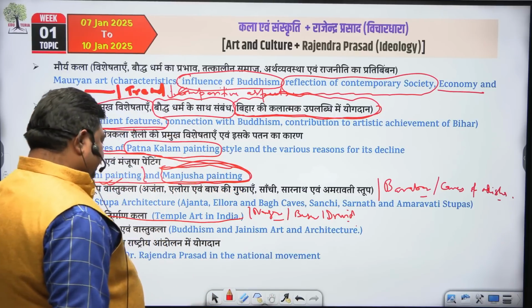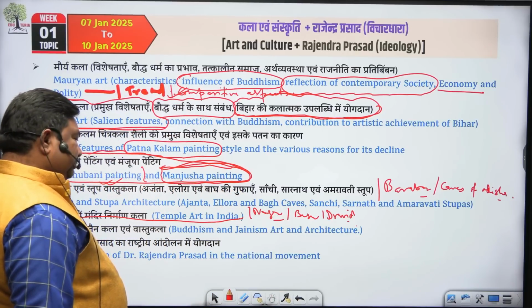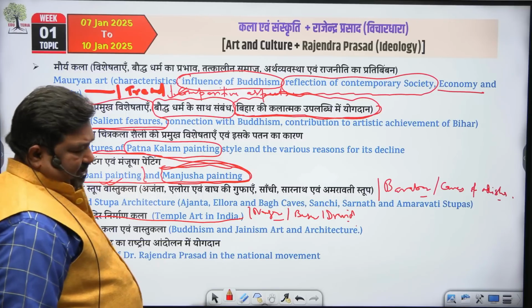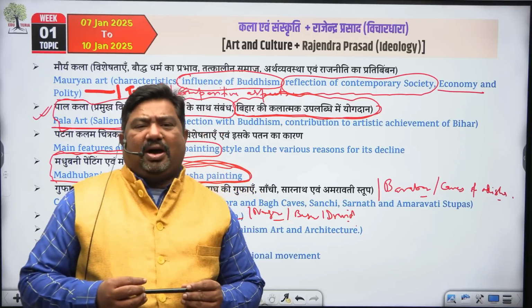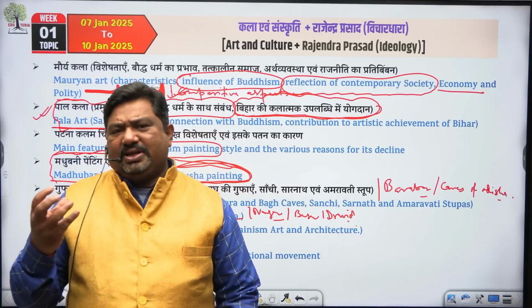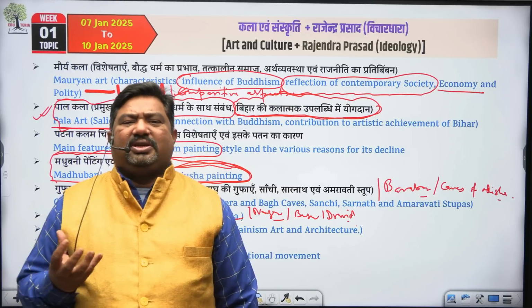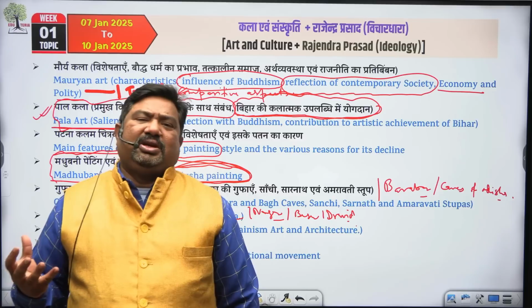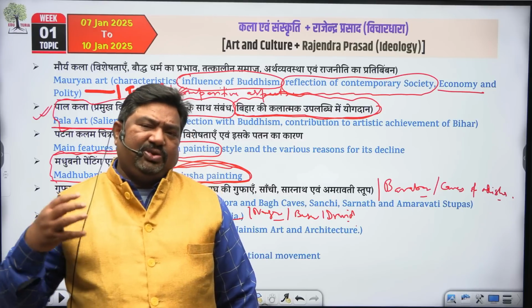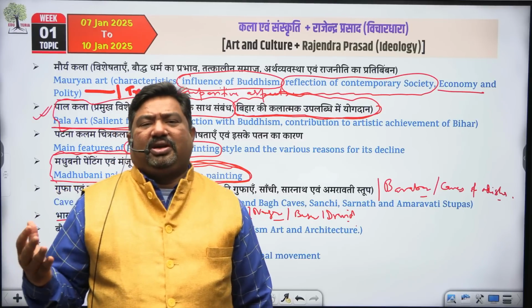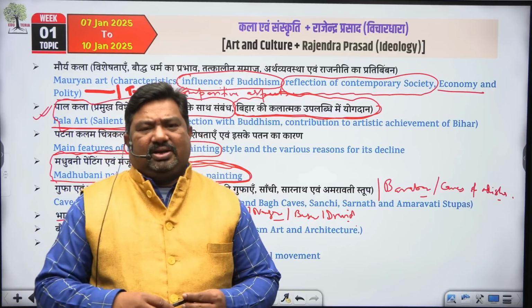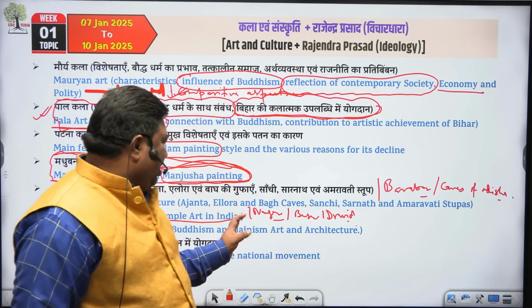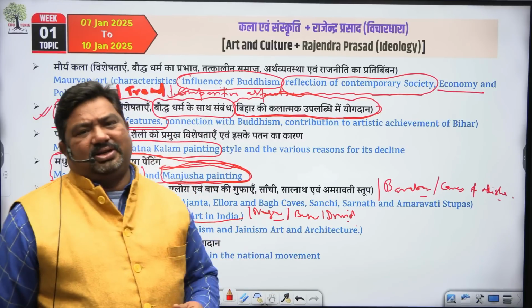Now, Buddhism, Jainism, art and architecture. Actually, if you look at Bihar, there are three philosophical things, or you can say academic things, which distinguish Bihar from the rest of India. It is the mother place of Buddhism, Jainism and Nalanda University. But then how is it related to art and architecture?